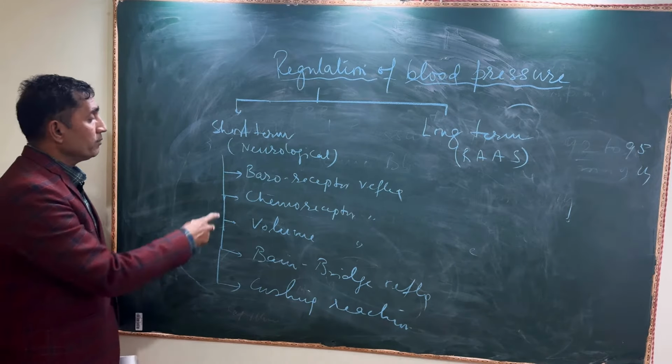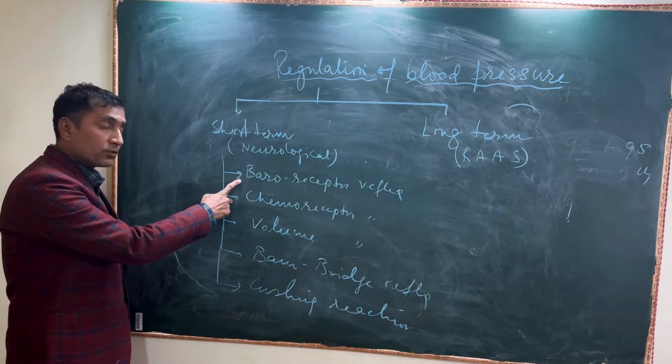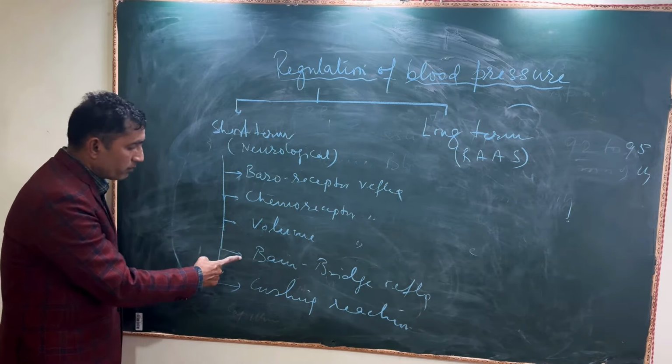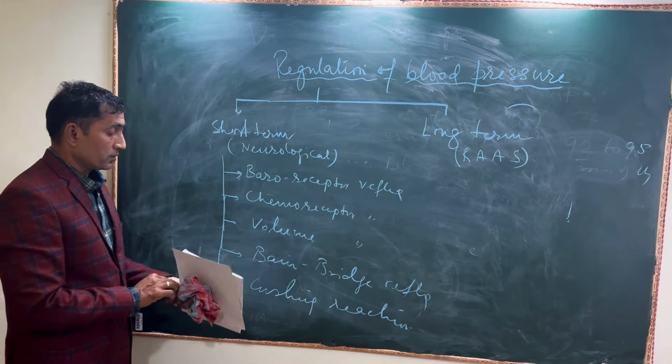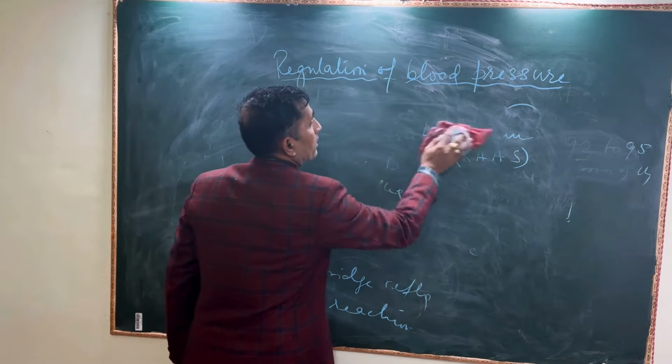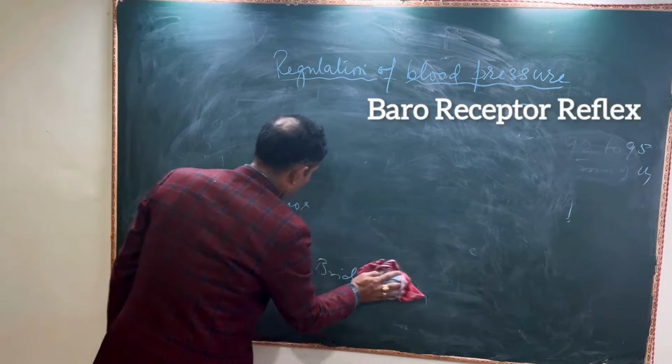So I have to explain one by one. First is the baroreceptor reflex, then chemoreceptor reflex, then volume reflex, then Bainbridge reflex, and the Cushing reaction. Let us discuss the baroreceptor reflex.